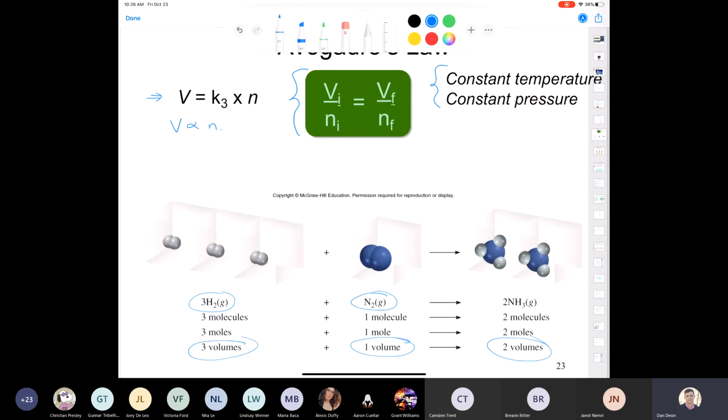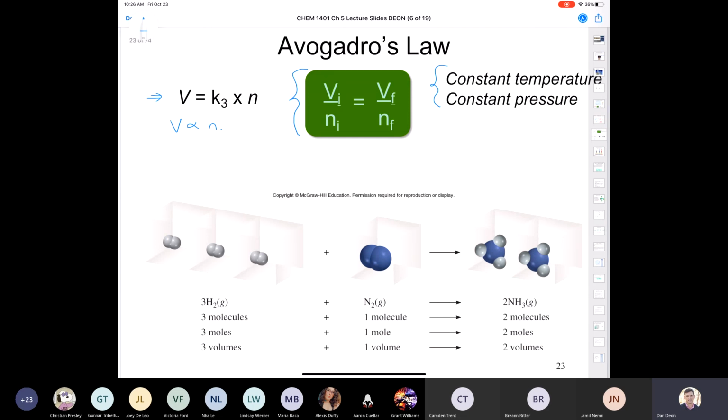So again, volume of the gas is directly proportional to the number of moles, Avogadro's law. And again, this is one case where we can use the stoichiometric coefficients found in a balanced equation to help us express the volume of a gas.